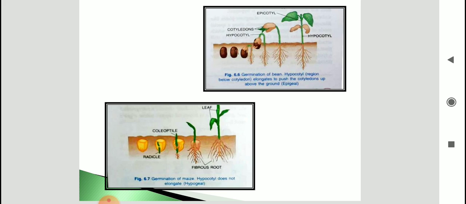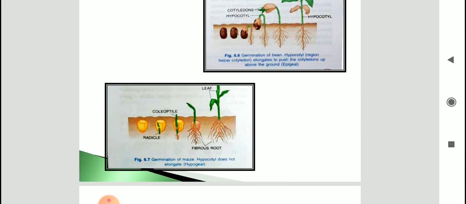Now children, focus on the second diagram, that is germination of maize, an example of hypogeal germination. Here, as I said, the cotyledons will remain under the soil or just on the ground during seed germination, and rapid elongation of epicotyle takes place.